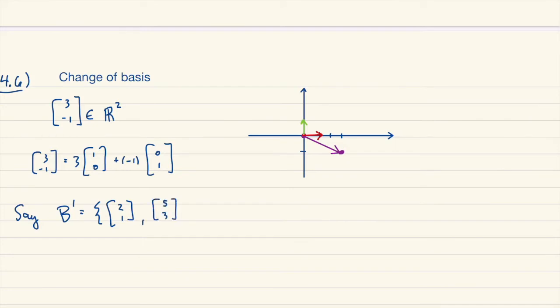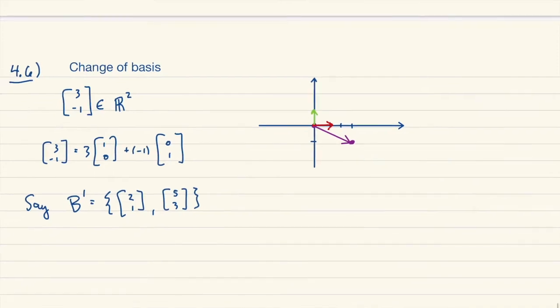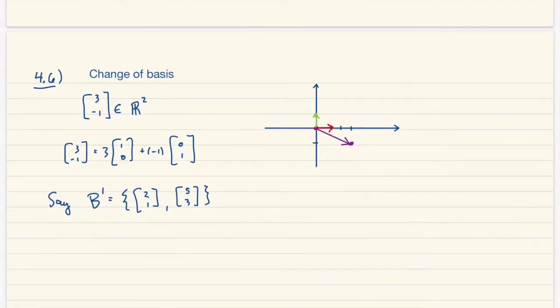I know that this is a basis for R2, by the way, because if I look at the determinant of the matrix with columns (2, 1) and (5, 3), that's non-zero. That means these column vectors span all of R2 and are linearly independent. The determinant tells you quite a bit of information about that matrix, and in particular, about the columns of the matrix.